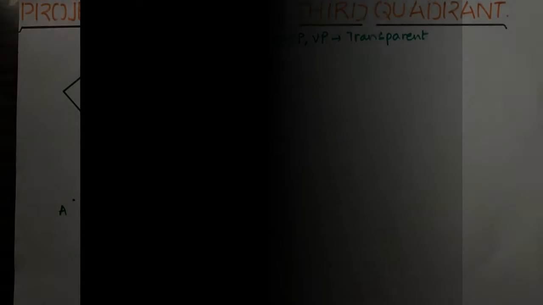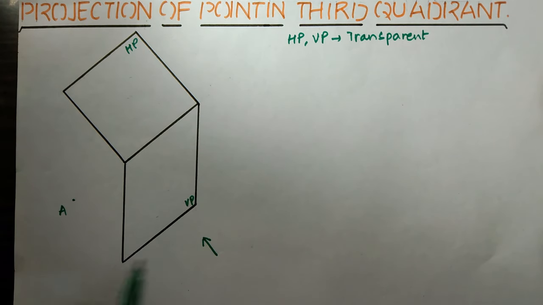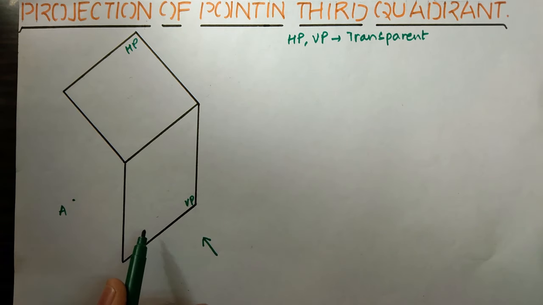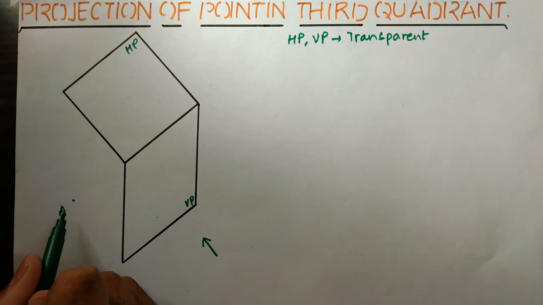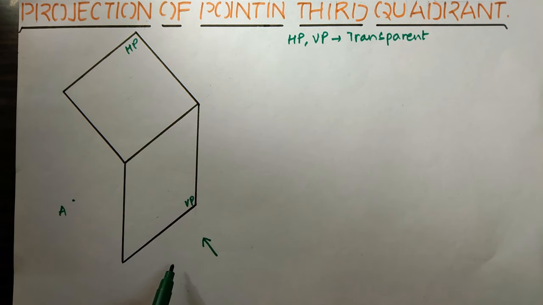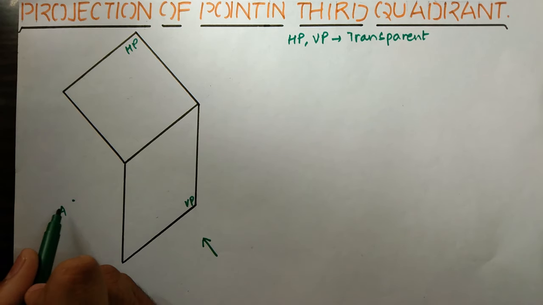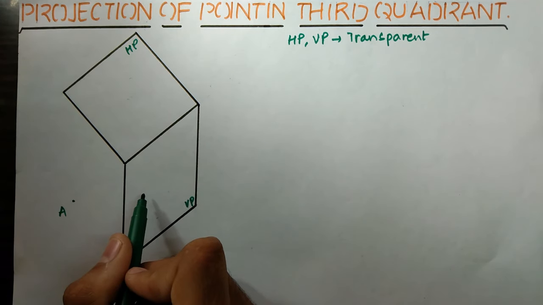Now consider a point A which lies in the third quadrant. Whenever a point lies in the third quadrant, it is said to be resting below the horizontal plane and behind the vertical plane when the observer's direction is as shown here. Moreover, for the observer to observe this point A from the front, this vertical plane should be transparent in nature. Moreover, for the observer to observe this point A from the top, this horizontal plane should also be transparent in nature.